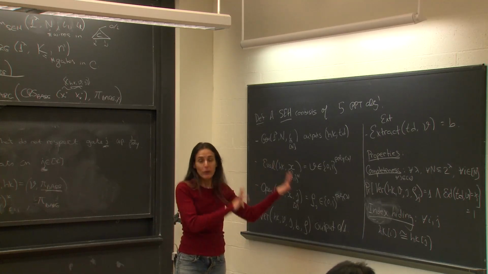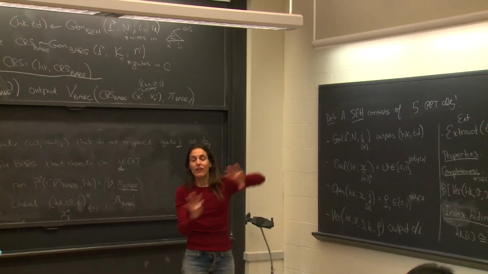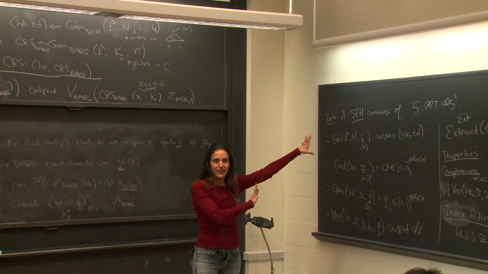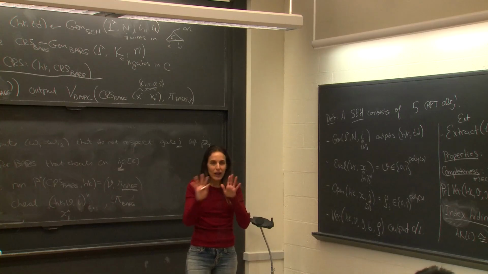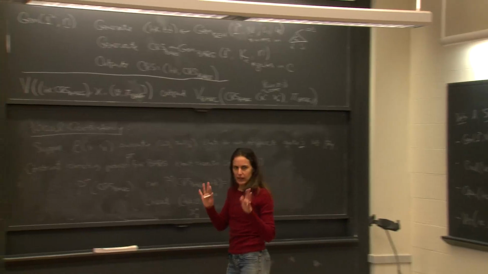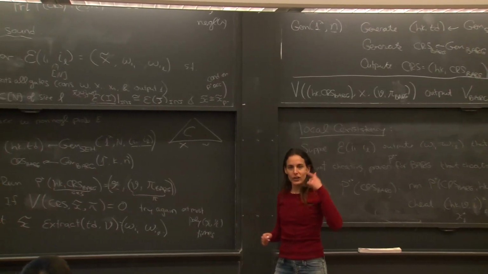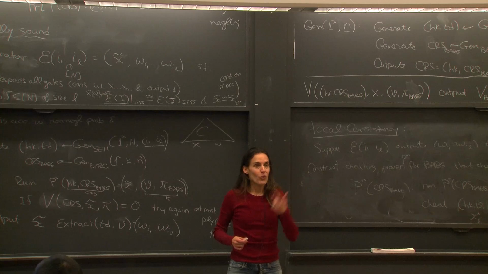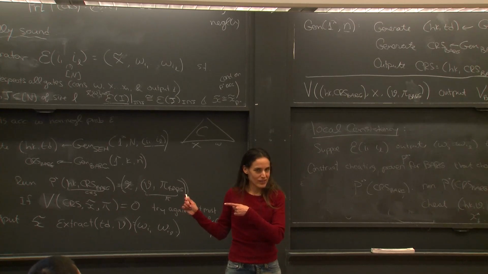This is a property of the somewhere extractable hash. So non-signaling here follows directly from the non-signaling of the somewhere extractable hash. I'm running out of time, so I don't want to go too much in depth because it's not as interesting. I want to talk about why this is not sufficient and when it is sufficient.